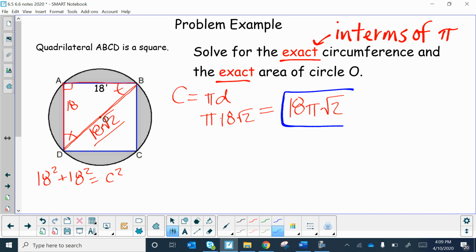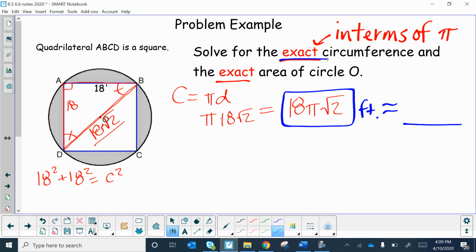And that is the exact circumference here. And this is actually feet. So let's go ahead and put our little feet right there. 18 pi radical 2 feet is the circumference. Now, if you wanted to give an estimate, then you would just punch that into the calculator right there. Okay, but it did ask for the exact.